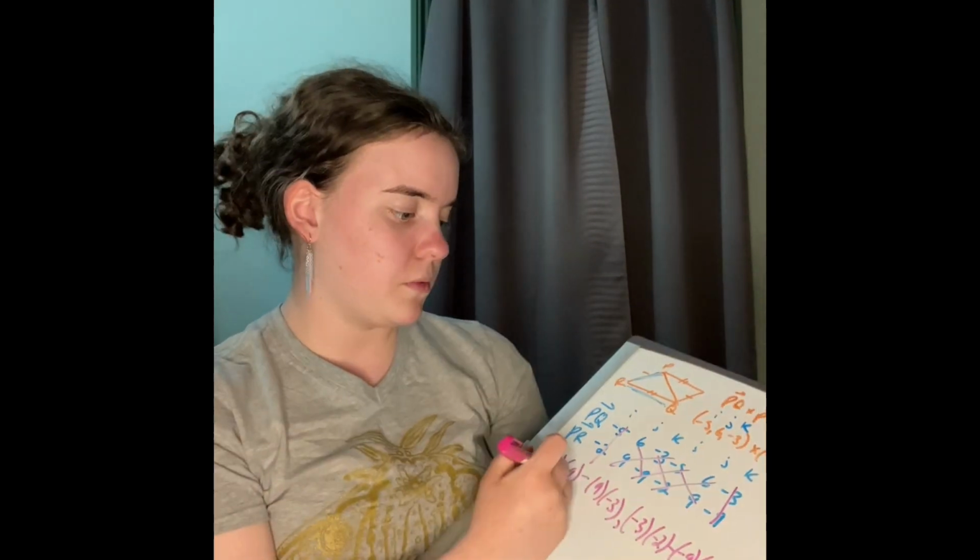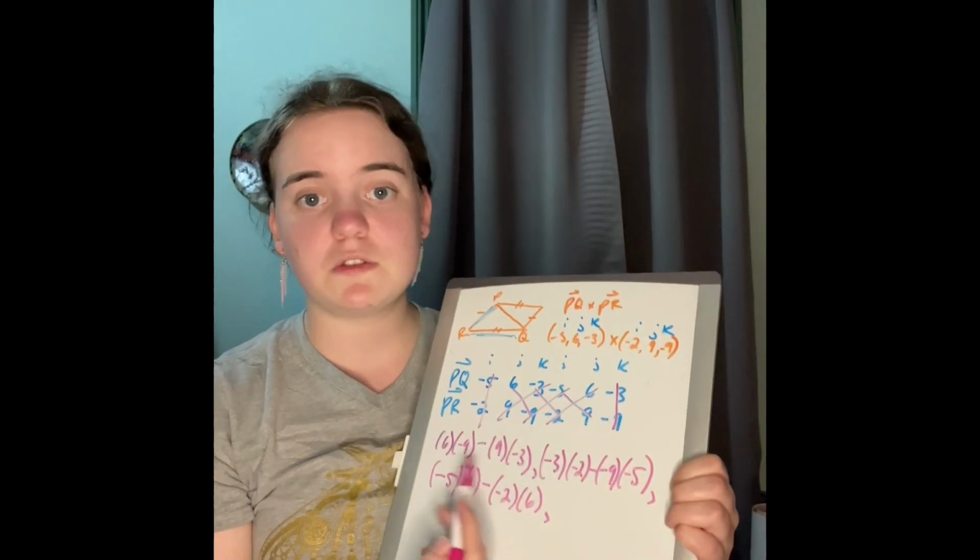So then, next pair, the -3 and the -2 minus the -9 and the -5. Running out of room, so I've got to go down below. The -5 and the 9 minus the -2 and the 6. And then we do that multiplication with each of them.